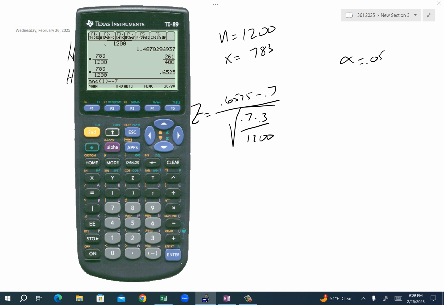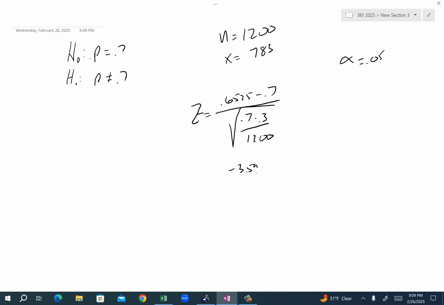Minus 0.7. Negative 3.59. Holy buckets. That's instant reject. It has changed, and it has changed significantly, again, because it's outside of 2.